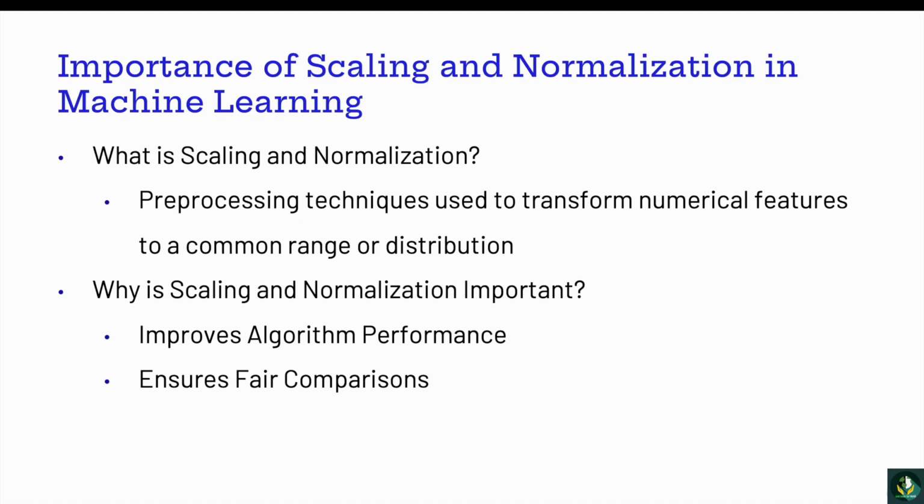It also ensures fair comparisons. Standardizing feature scales allows the model to treat all features equally, leading to more balanced and fair learning, and it stabilizes training. Algorithms like gradient descent converge faster with scaled features because the cost surface becomes more symmetric.